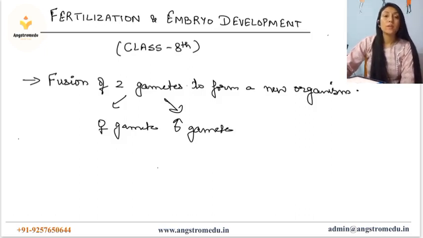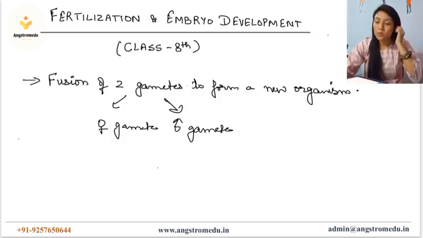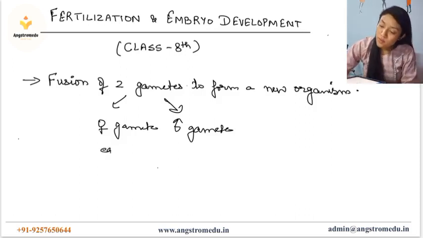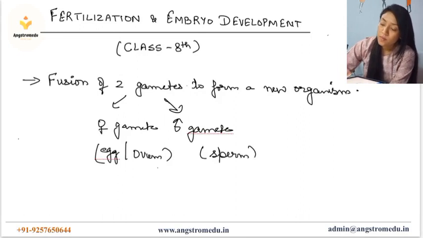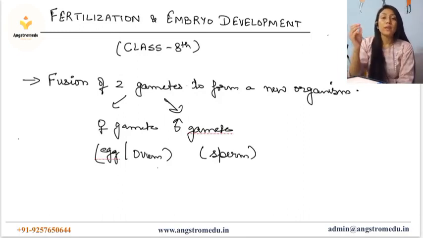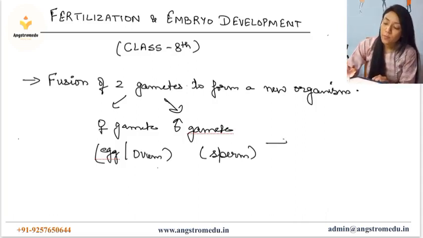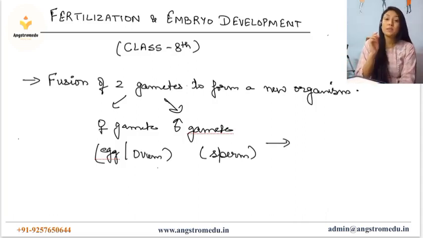The female gamete in case of animals or humans is also known as egg or ovum, and male gamete, as we all know, is known as sperm. So when egg fuses with sperm, it produces a new organism, but directly a new organism is not formed.